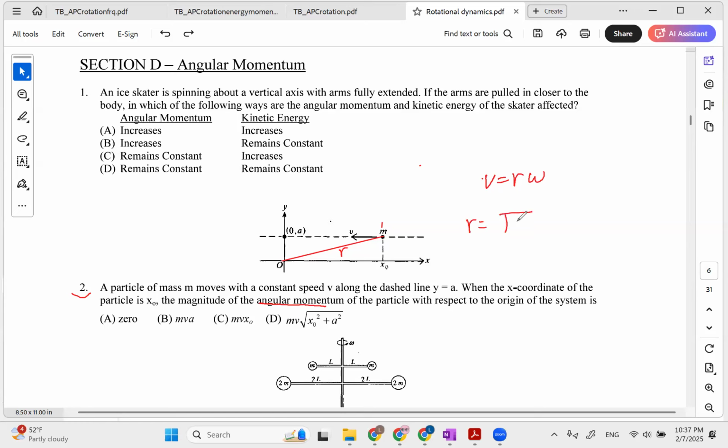R is the square root of a squared plus x squared. But angular momentum equals r p sine theta, so it will be equal to m v r sine theta. What do you get? It's equal to m v a. Yeah, so you'll get mva. Got it? You got it?